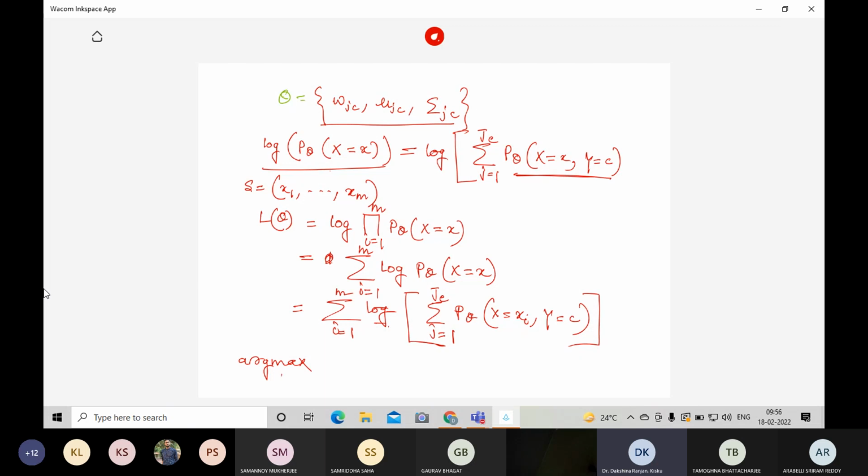Now here we are interested to maximize the function, since we need to estimate the maximum likelihood of a class of feature vector. Therefore we need to maximize the log likelihood function.